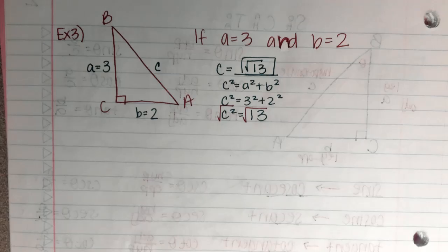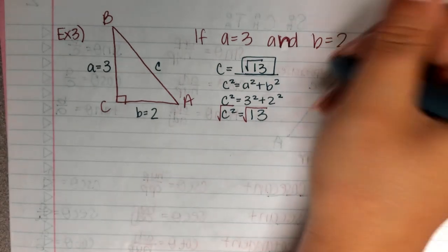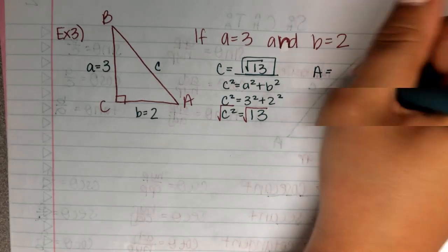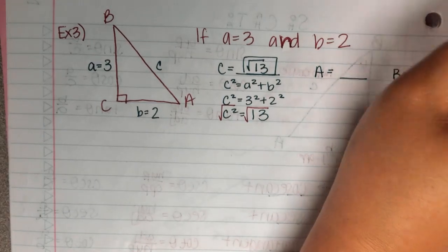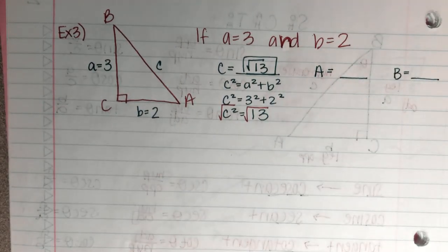Okay, what should we find next? Got to find one of the angles, A and B. Doesn't matter which one you find first. I'm going to do A, but it doesn't matter. How would I find angle A?